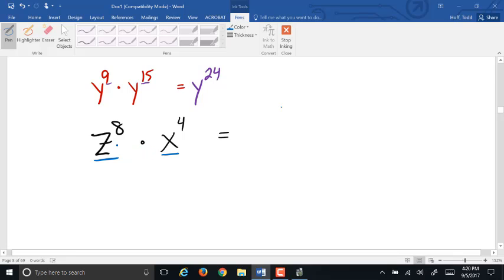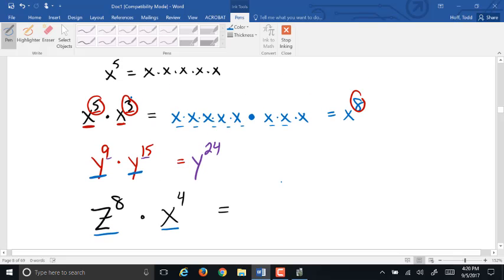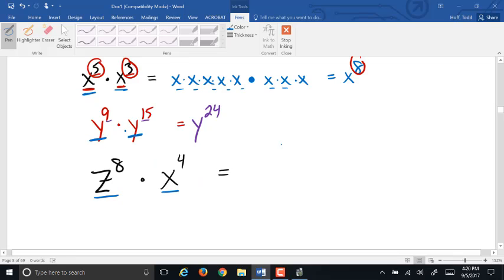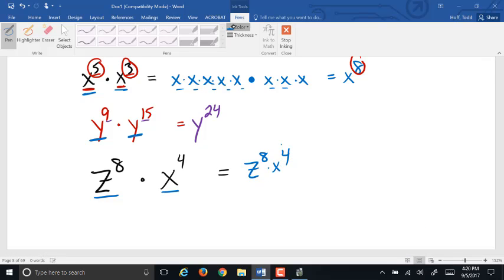I cannot combine the powers. I can multiply them still, but I can't combine the powers. I can only combine the powers if they have the same base, y and y, or up here, x and x. Since that's a z and an x, I can't combine their powers. So that's just going to be z to the 8th times x to the 4th.